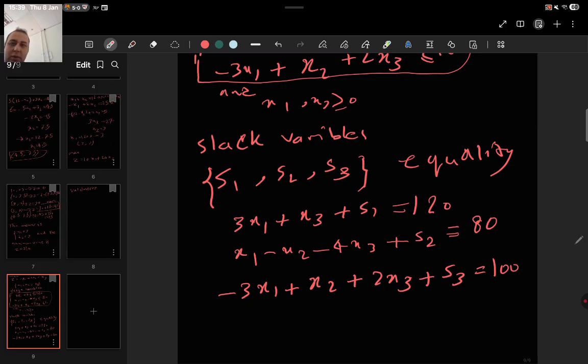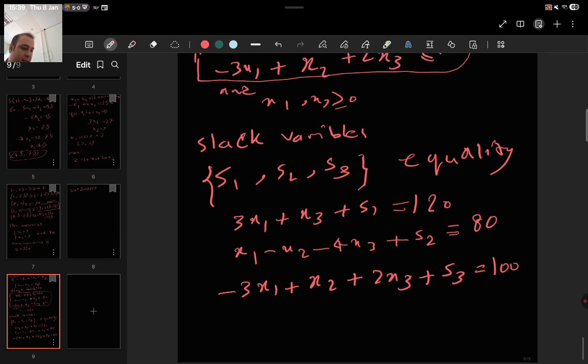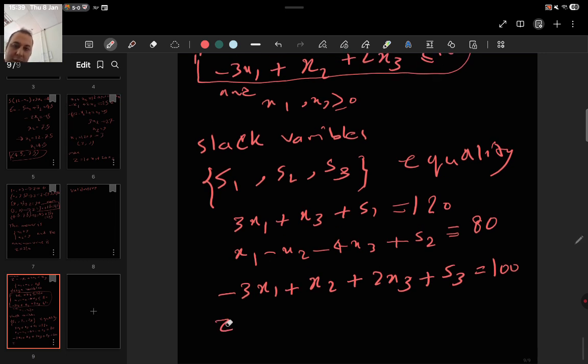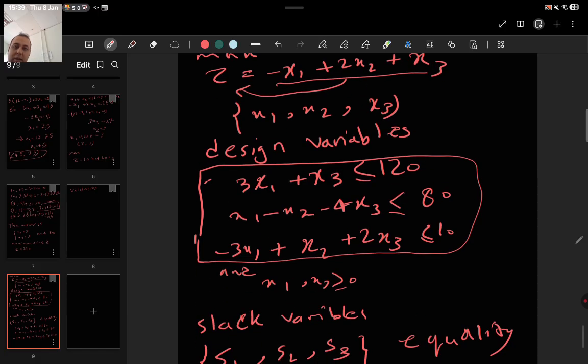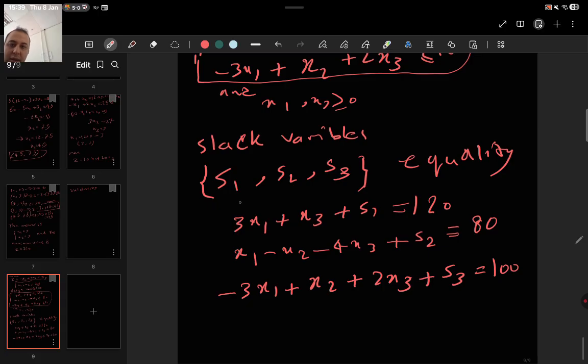Okay, already changed to equality. For the z, I write it here better. We shift all of the right side to the left side. So z will be z plus x1 minus 2x2 minus x3 equal to 0.